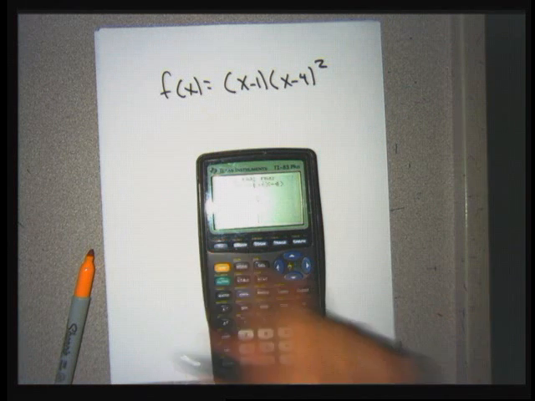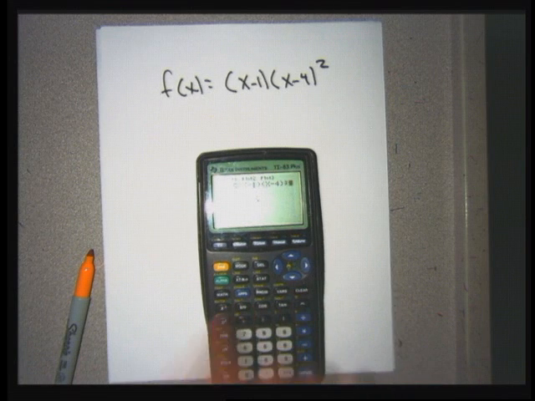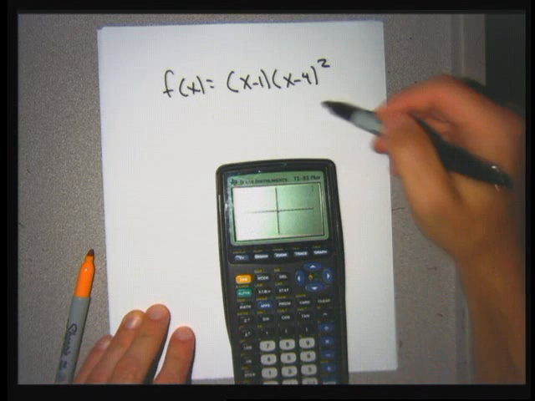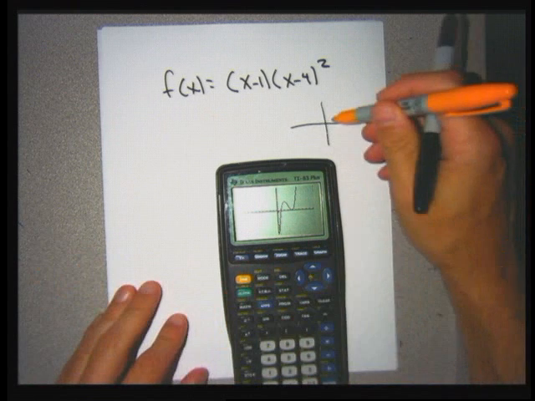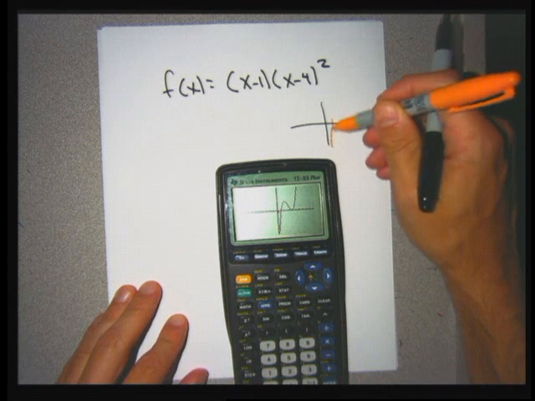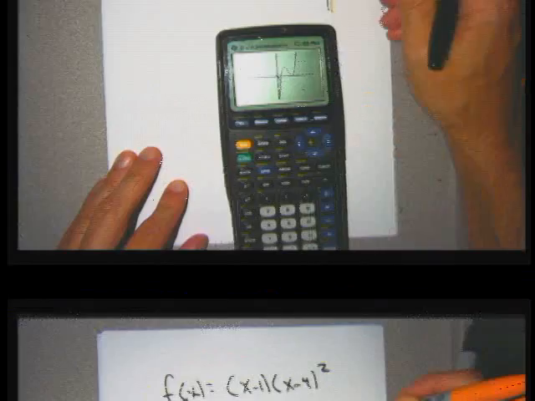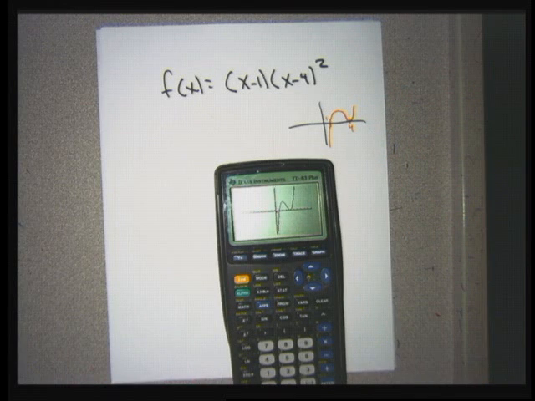And if I do this by just tweaking this function and changing that to x minus 1 times x minus 4 to the 4th, and I hit my graph button, what happens is at 1, the graph crosses the x-axis, but at 4, the graph touches the x-axis and doesn't cross the x-axis.